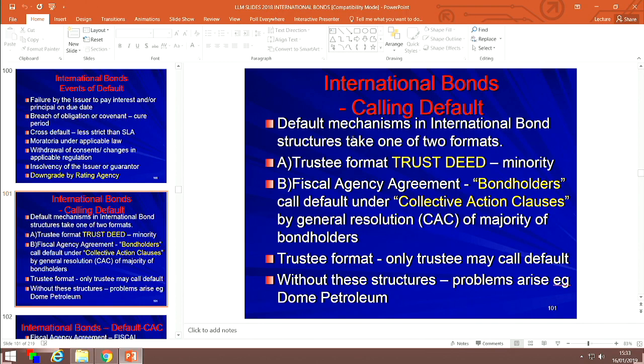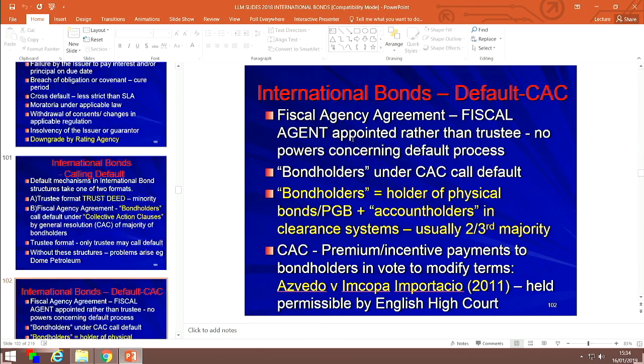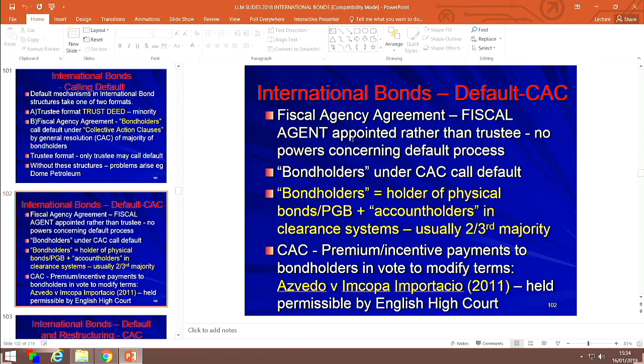There is no trustee, and there's nobody else other than the bondholders as defined who are required to pass a resolution to call a default on the occurrence of an event of default, if they so wish, by the appropriate majority of bondholders voting. Now, it's very important to understand who is a bondholder in the context of the CAC clause in international bond issues.